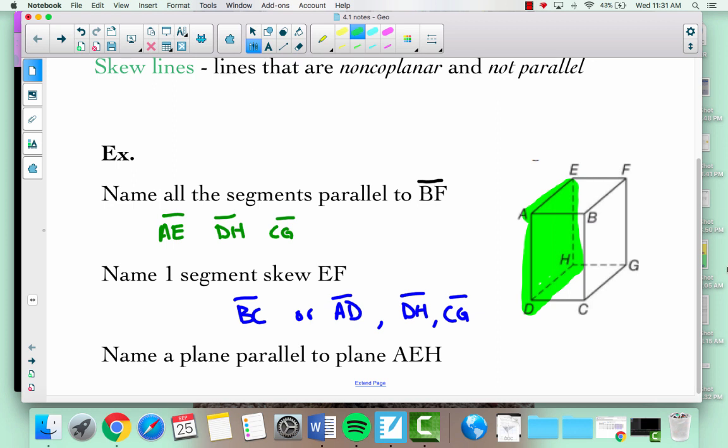So the only plane that would be parallel or that would not touch it is going to be the right side that I'm outlining in green. So all I have to do to name that parallel plane is to pick three of those four letters. So I could say plane BCF, and that would be fine. You could have said BFG, GCF, any combination of 3 points. And that's it.